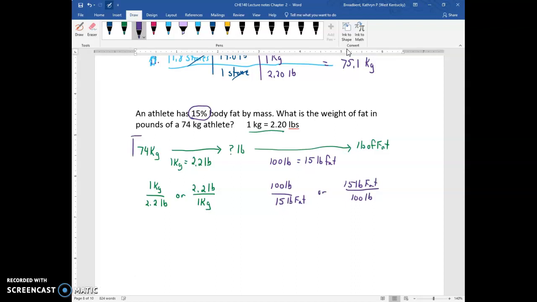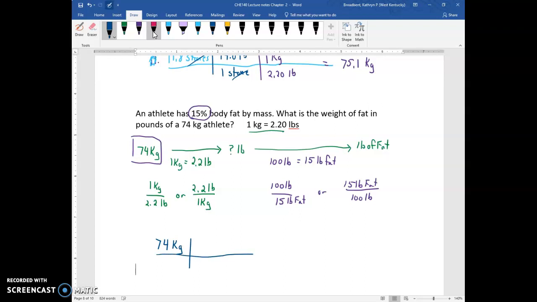We're going to start with this number right here. I'm going to go back to using blue, a color that's not used in any of my conversions. We'll start with those 74 kilograms. And then we're going to draw a long line.